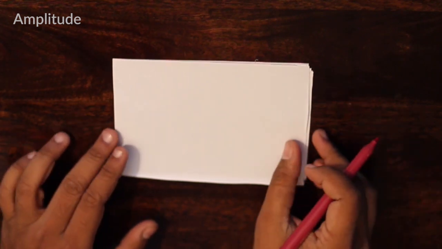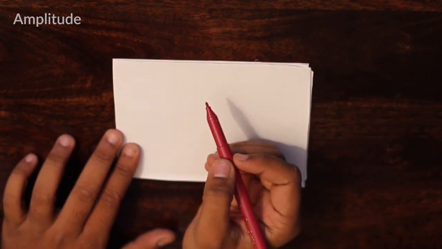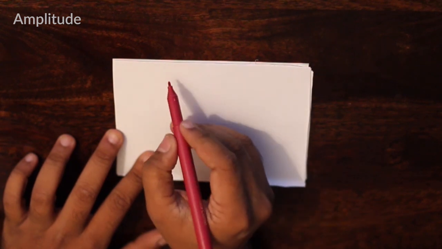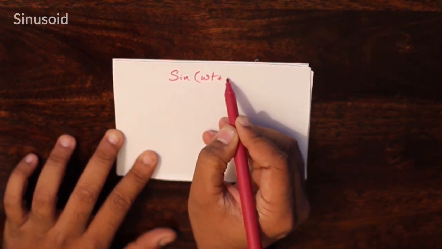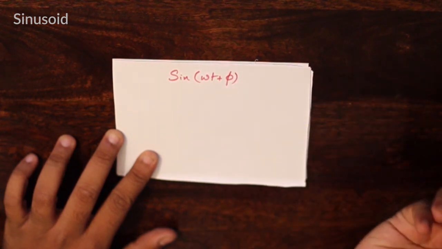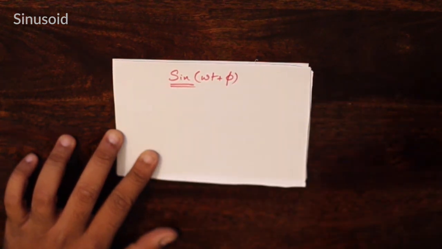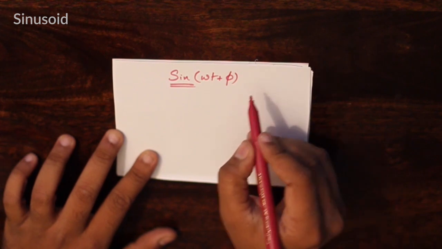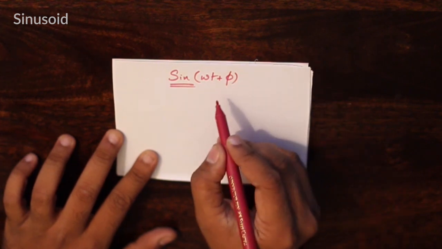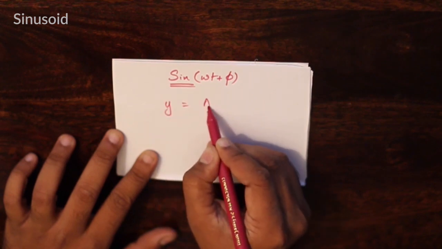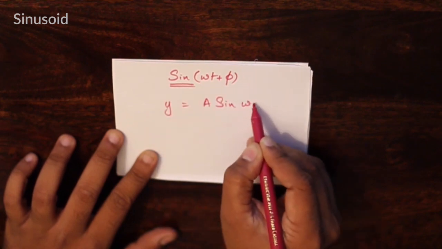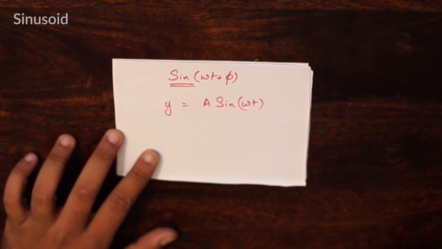And now we come to the slightly more interesting, curious part, which is the sin(ωt + φ). What does the sine indicate? For a while, let's just look at a situation where φ is 0. So let's take, say, y is equal to A sin ωt.